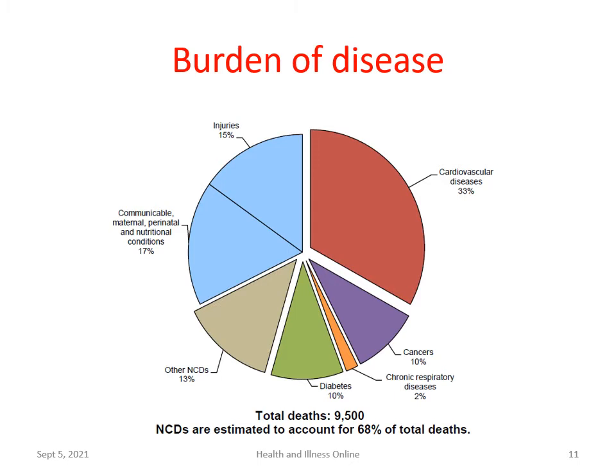Almost 70% of deaths in Oman are caused by non-communicable diseases, whereas only 30% of deaths are caused by communicable diseases and by injury, which appear in blue color.